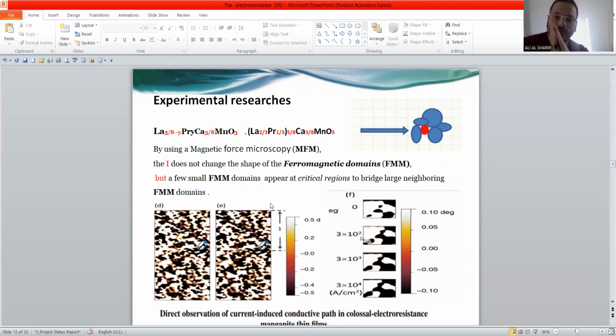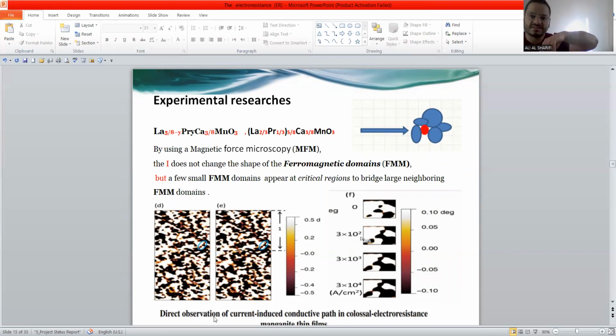By using magnetic force microscopy, a method that can measure the atomic limits, the distance between the atoms, the quality and the construction of these atoms.